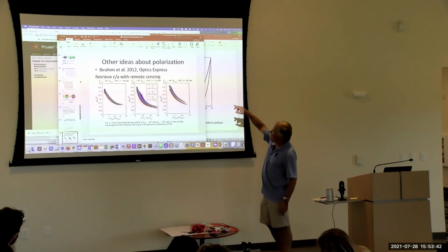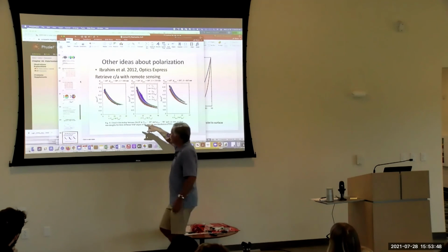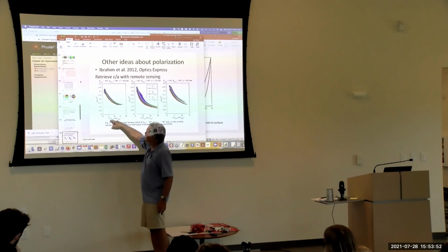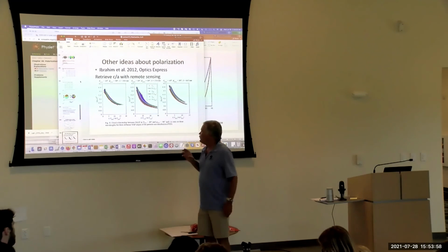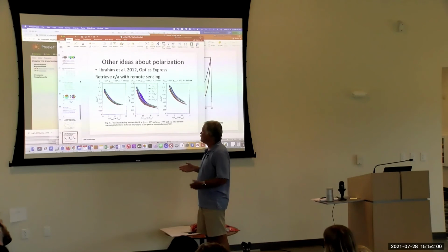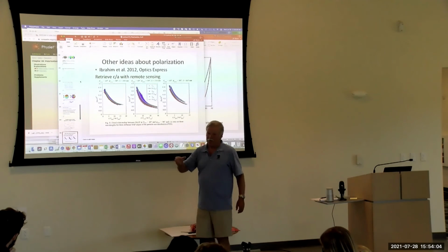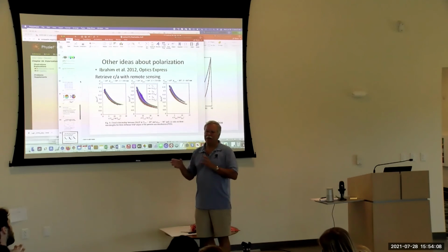The guys at City College have the idea of measuring the degree of linear polarization, and there's a relationship between the degree of polarization and the beam attenuation divided by absorption. The higher the beam attenuation relative to the absorption, the more depolarizing effectively things get. Mostly it's a multiple scattering effect.